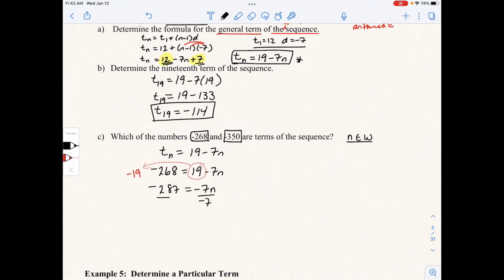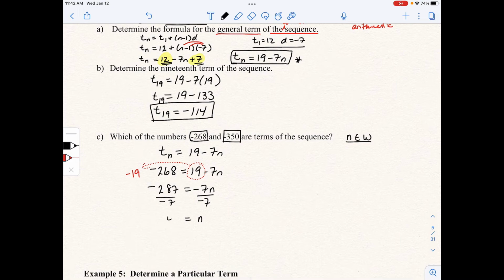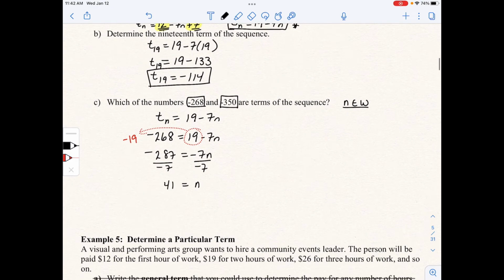And if I divide both sides by negative 7, just using my calculator here, I get n is 41. So negative 268 is T41. Okay, so we know that that's a term in the sequence.